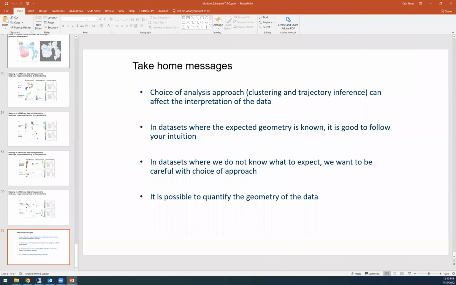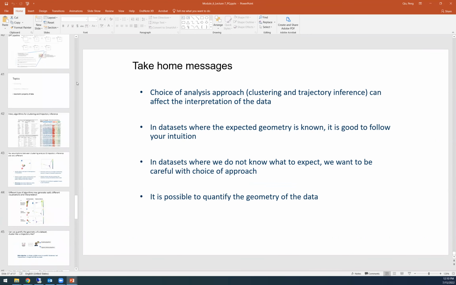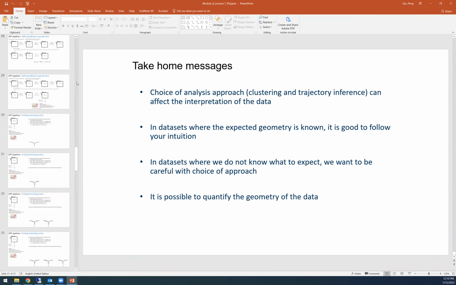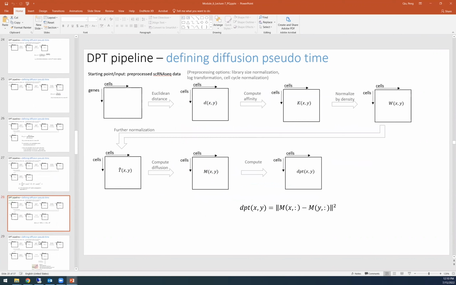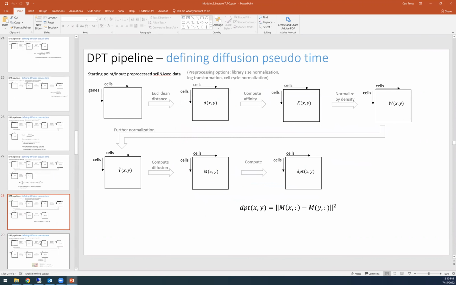Yes, I can hear you now. Yes, the DPT of x, y as the norm of M_x,: minus M_y,: as a Euclidean space. And I'm asking if x equals y, how do you interpret that solution? Exactly this one, yes. Okay, if x and y are the same, what happens?